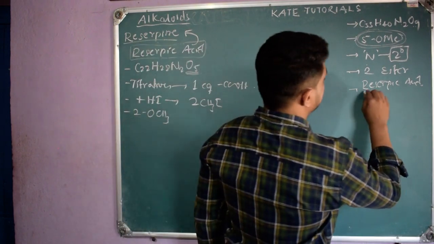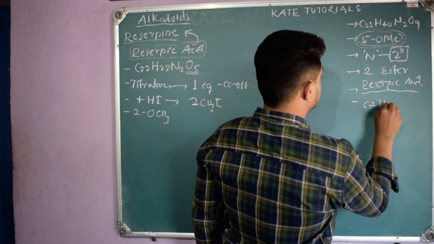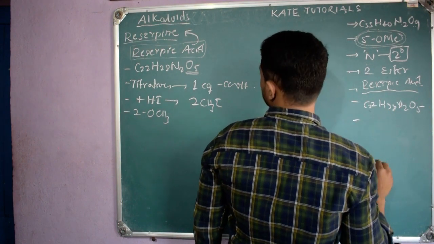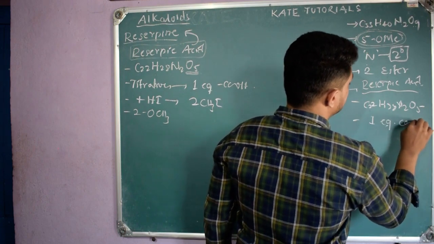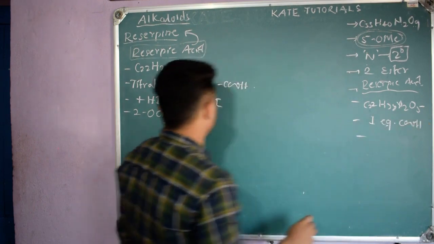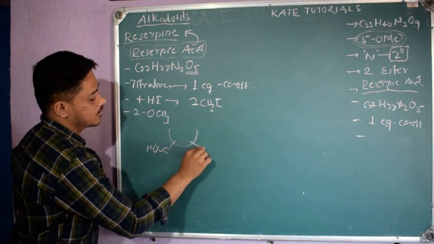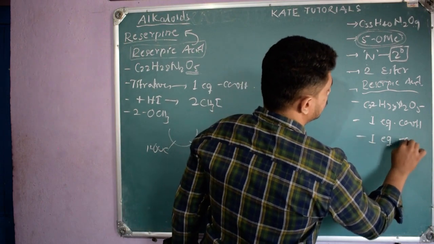Means this Reserpic acid has 2 equivalents of OCH3. So now, Reserpic acid, its formula is C22H28N2O5, right? And from titration they found one equivalent of COOH. And I told you in the last class there will be COOH and there will be an alcohol, so there will be one equivalent of OH.